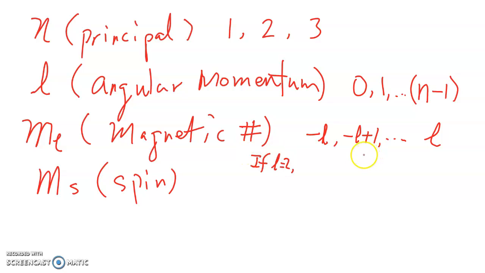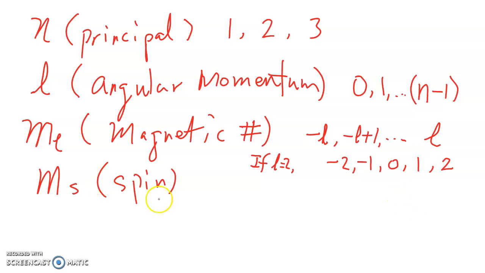What are the allowable ML numbers, the magnetic number? It starts from minus L all the way to L, so from minus 2 to 2, and we just have to fill the rest in. Minus 2, minus 1, and then 0, and then 1 and 2.